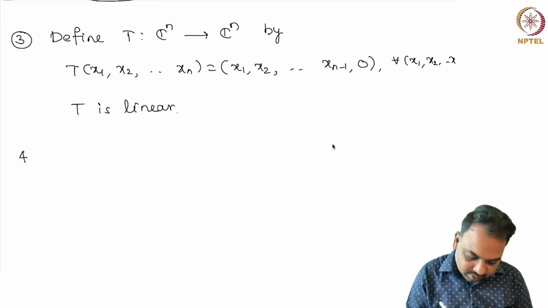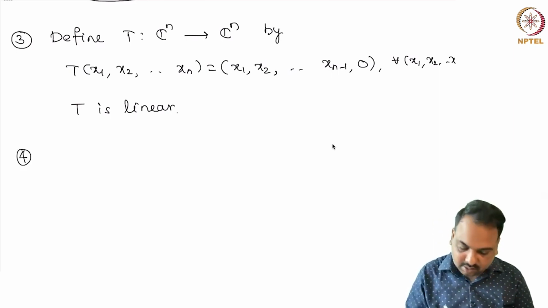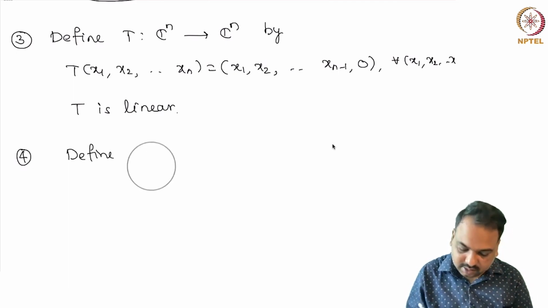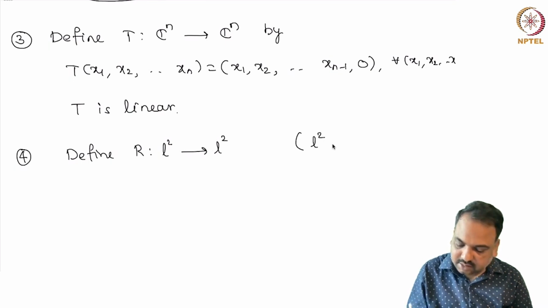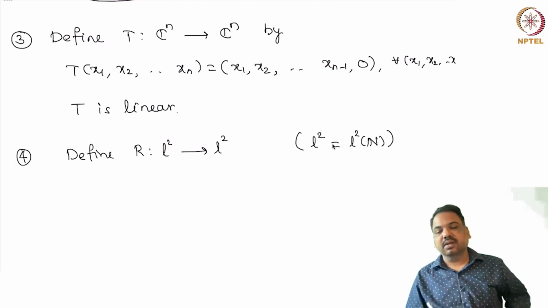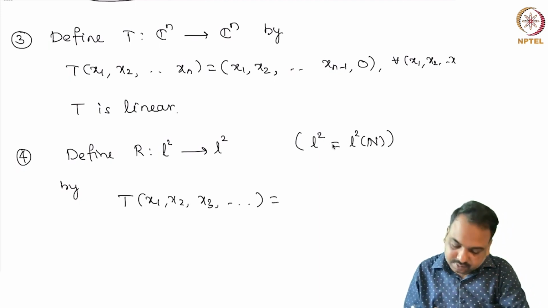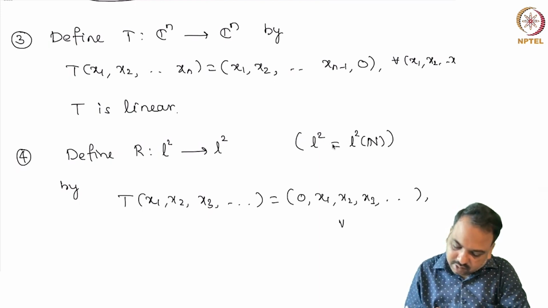Some more important examples that we will be using again and again. Let us call this R from L2 to L2. Here L2 is nothing but L2 of N. If you don't specify anything, it is L2 of N. Define T of x1, x2, x3, so on as 0, x1, x2, so on, for every x in L2.